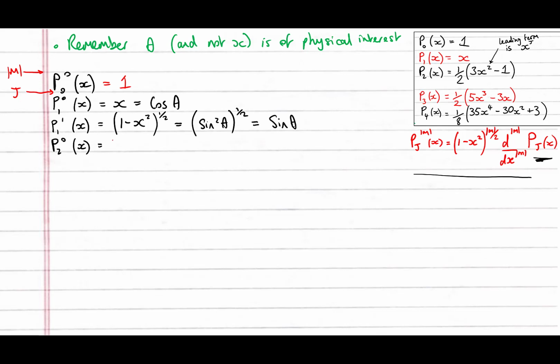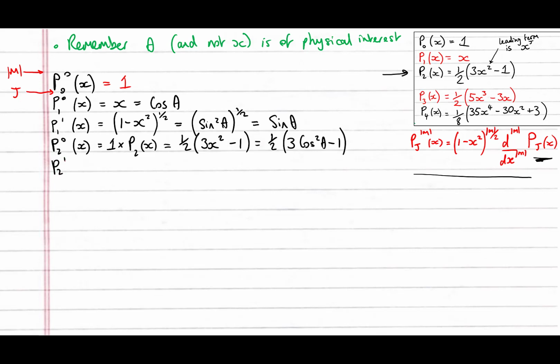So we end up having 1 for that first term multiplied by P2 of X. And that ends up simply being equal to, so we can use the equation from the top right hand corner, 1/2 3x squared minus 1, and again, x squared is going to be cosine squared theta. So in this particular case, we end up with 1/2 multiplied by 3 cosine squared theta minus 1. So converting into theta again here.